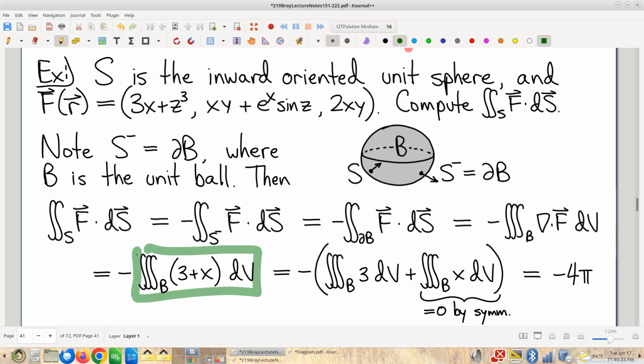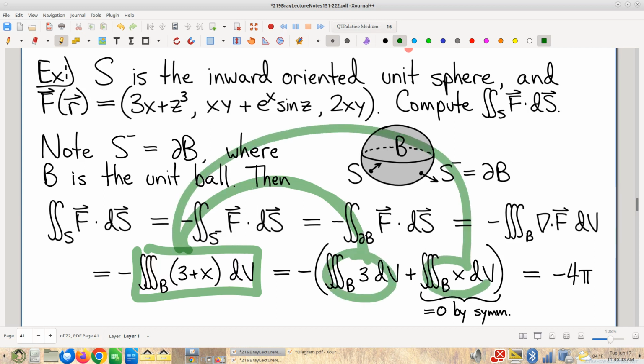That integral, as written, no cool tools apply. But there is this cool thing that happens: if you take this one integral and break it up into two separate integrals, the one on the left is easy geometry. The one on the right, zero by symmetry. So heads up for that.